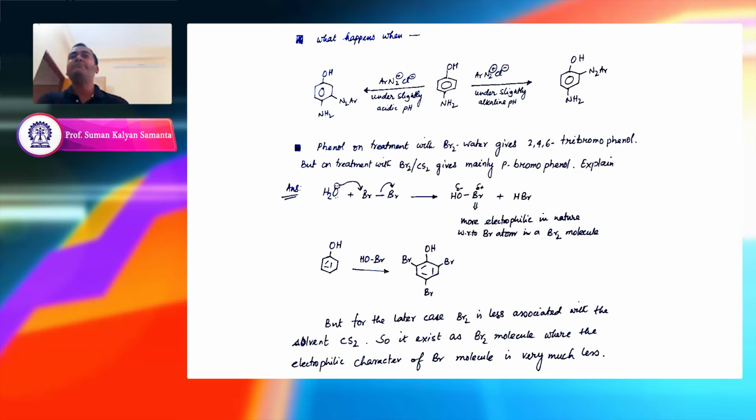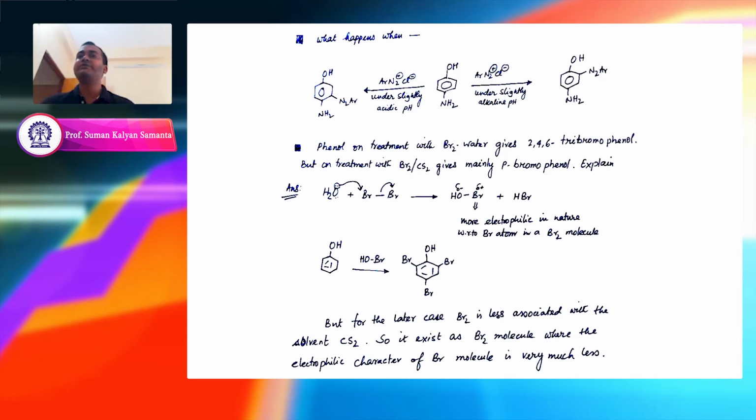This happens because bromine in water leads to another sort of intermediate, HOBr, where the electrophilicity of this bromine actually increases. Because of that, when you take phenol and bromine water, it forms this HOBr and leads to tribromophenol.